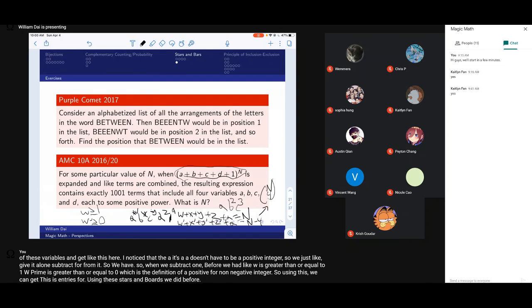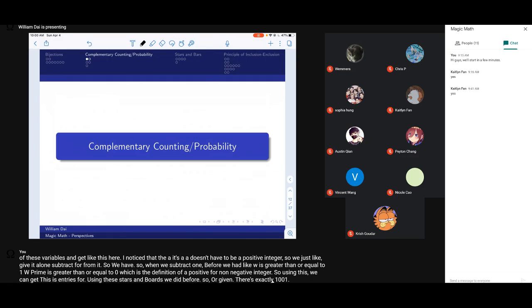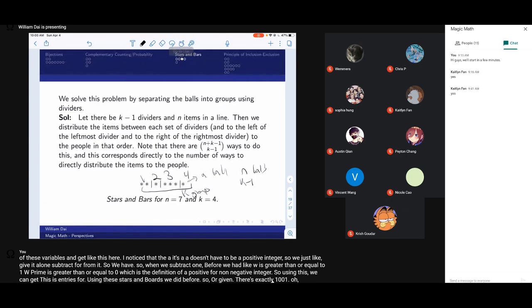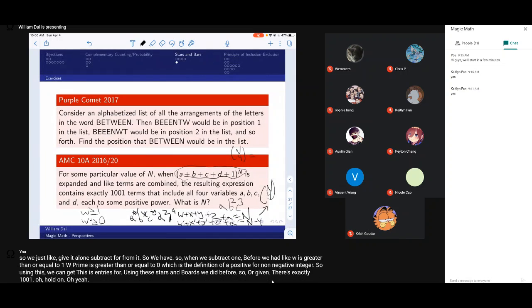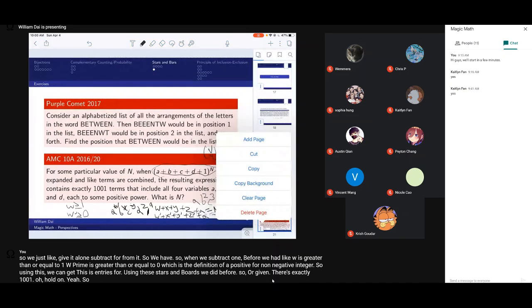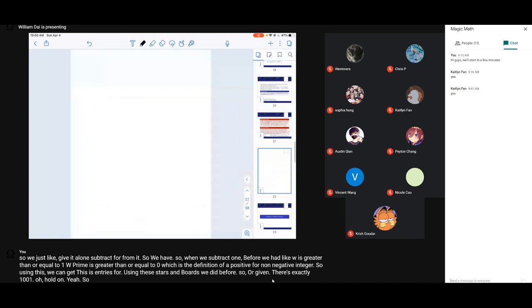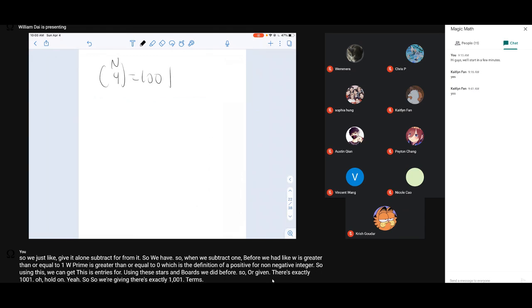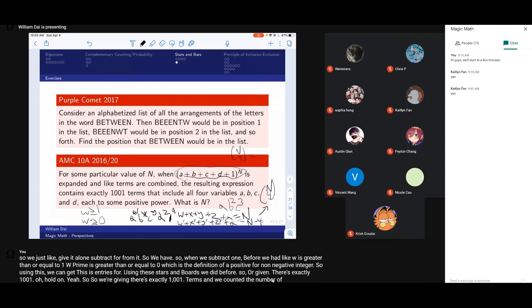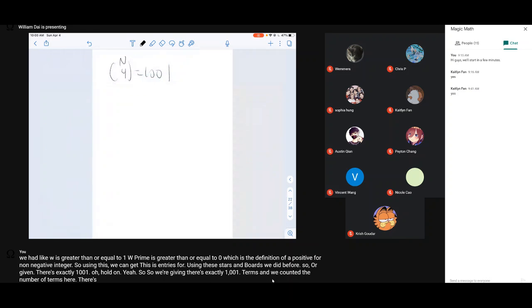And we're given there's exactly 1001 terms, and we counted the number of terms here. There's n choose 4 terms.